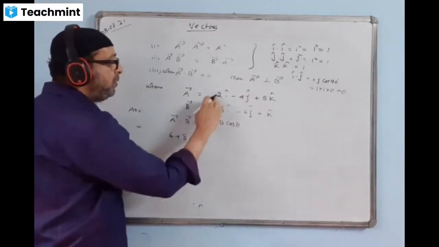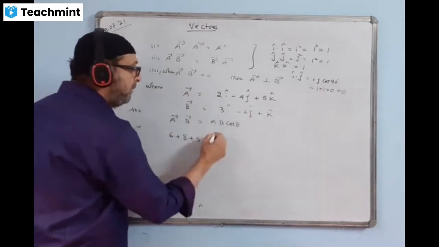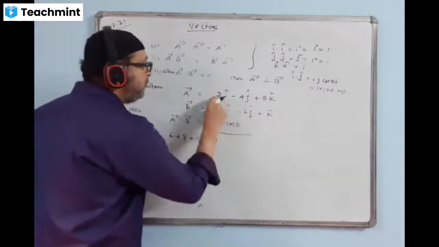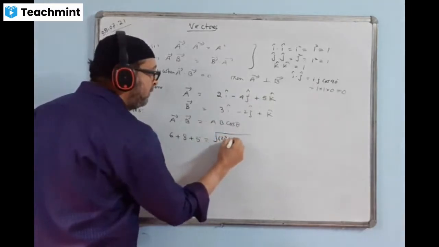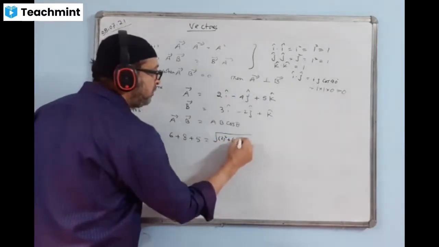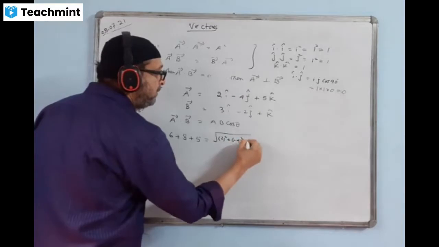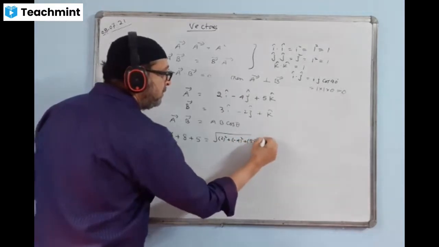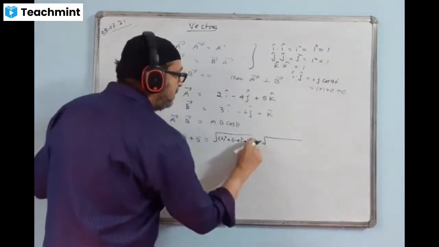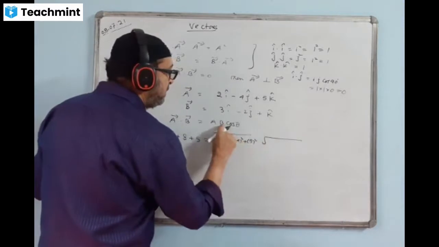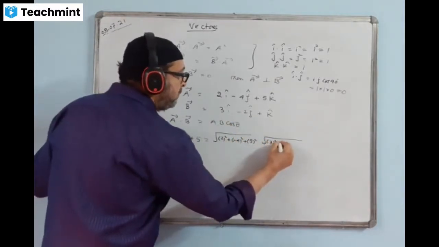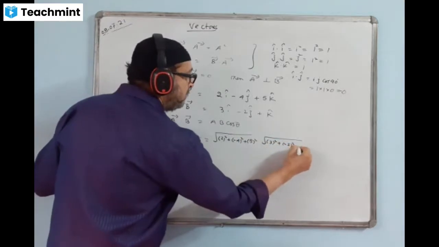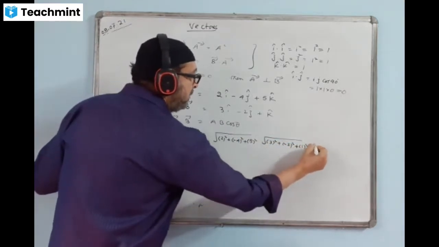Magnitude A. How do we find the magnitude of vector A? Magnitude of a vector we find by square root of this square plus this square plus this square. 2 square plus minus 4 square plus 5 square. Magnitude B, the same way: 3 square plus minus 2 square plus 1 square, into cos theta.